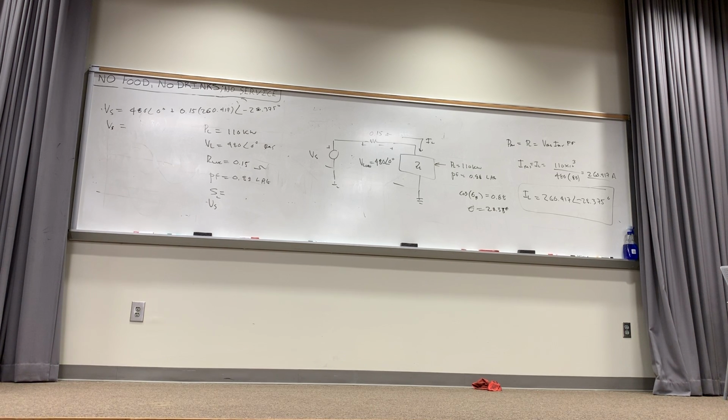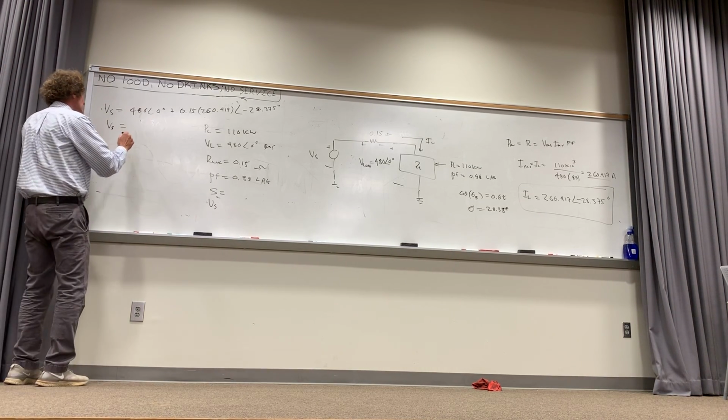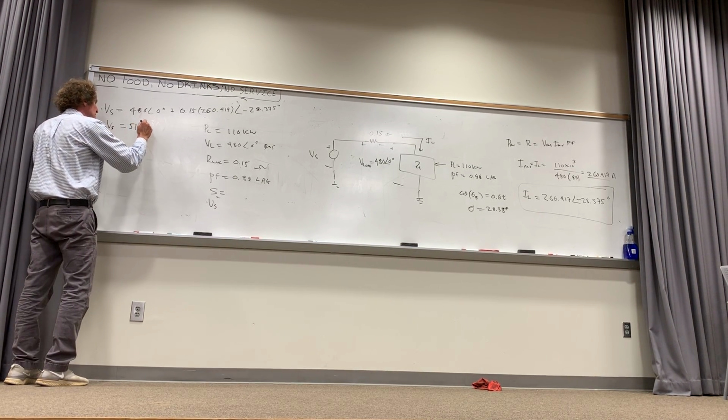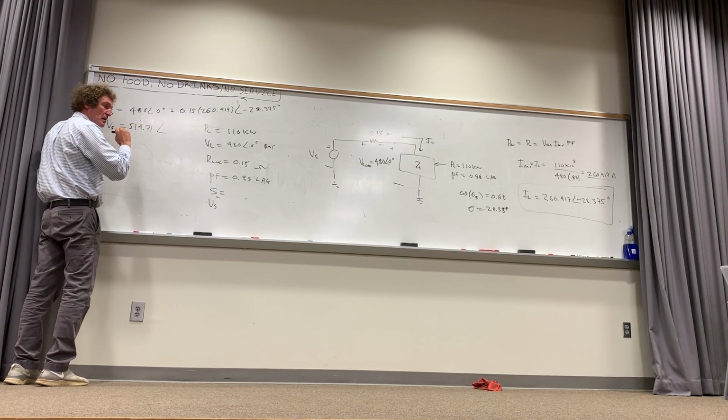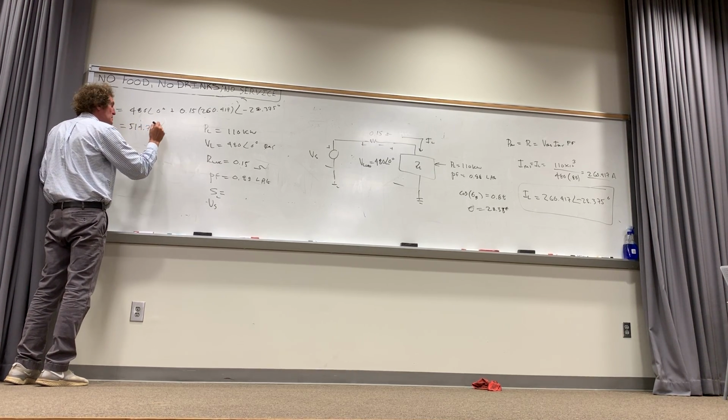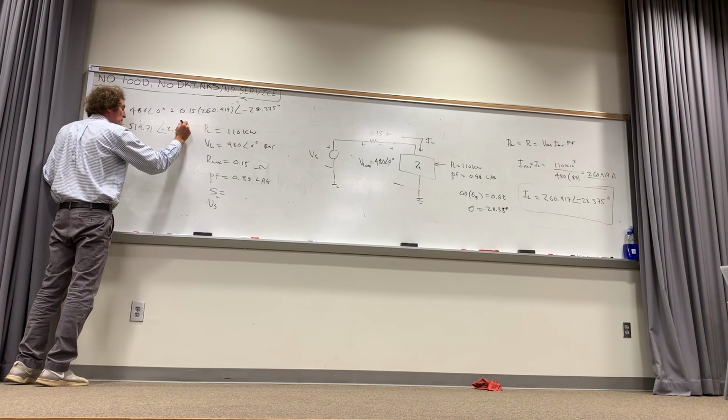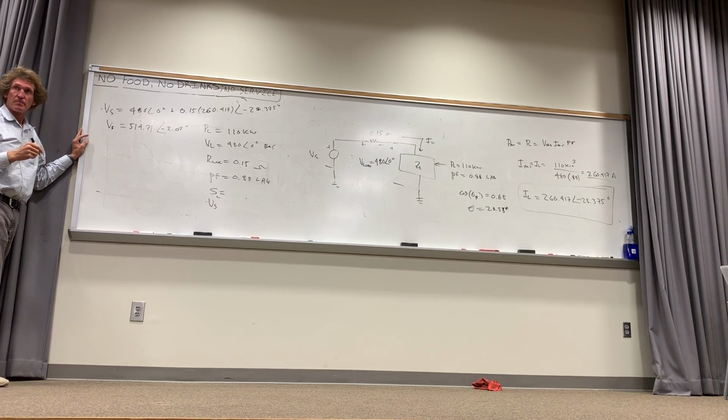They're not scalars. You have to add magnitude and angle together. You can break them up into rectangular and add the real components and then the J components, but you have to do it correctly. What do you get for this, anyone? Say again? 14.71 at angle negative 2.07. Is that right? Yeah. That's all.